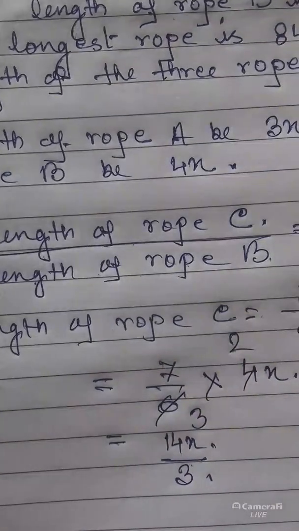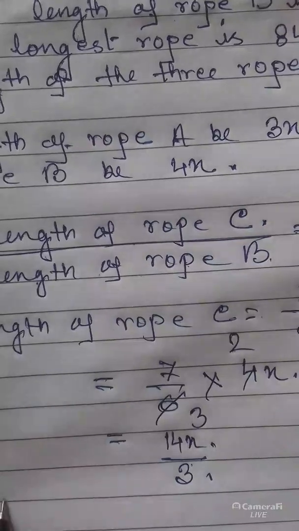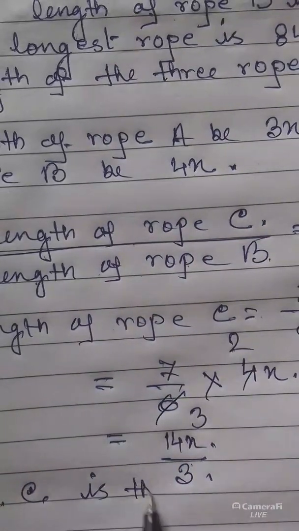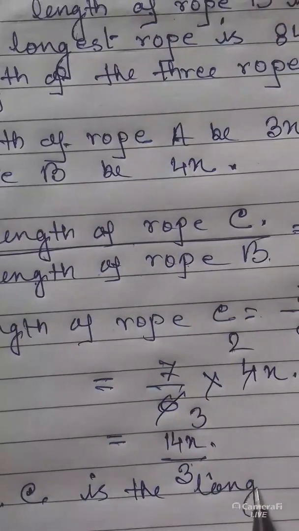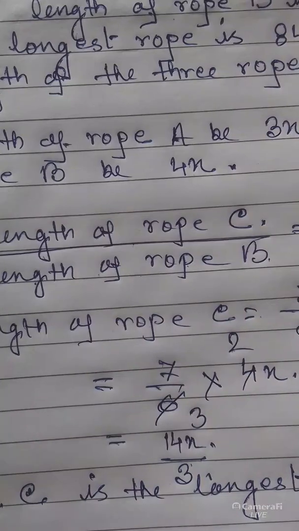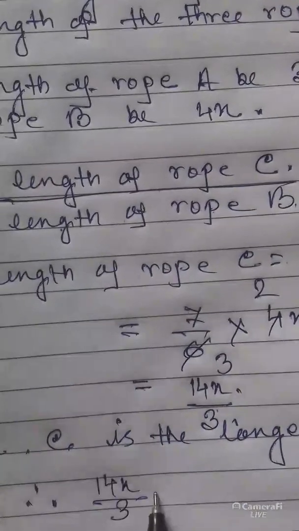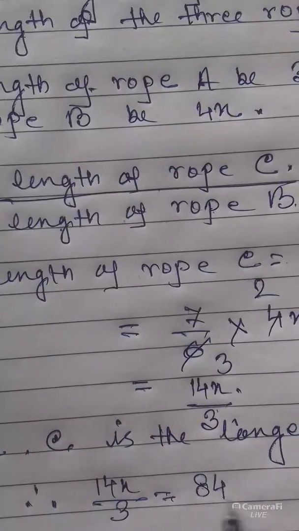As rope C is the longest rope, therefore 14x by 3 equal to 84.